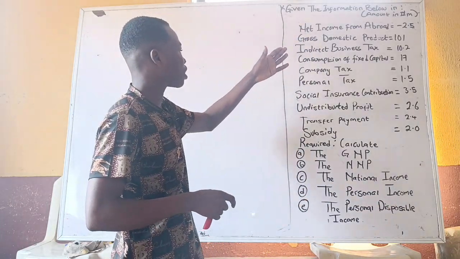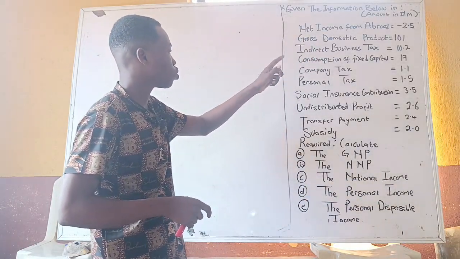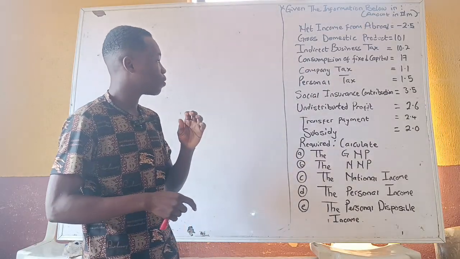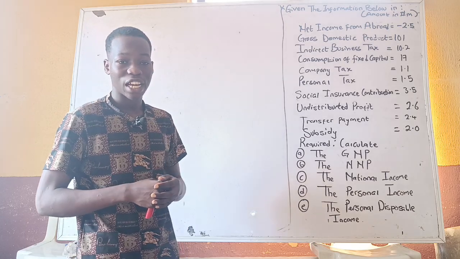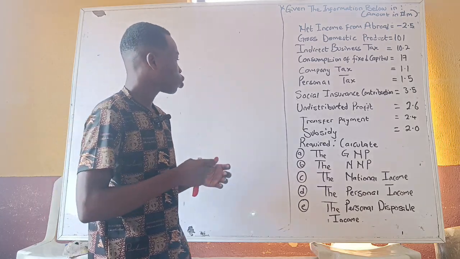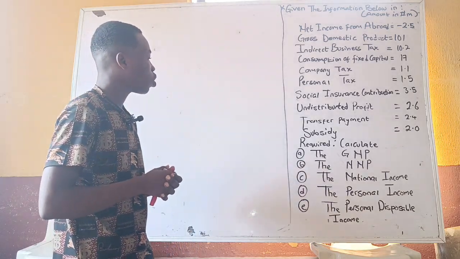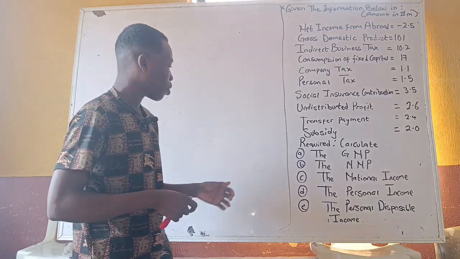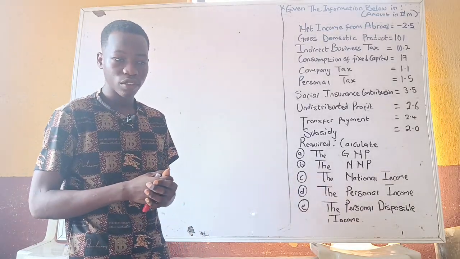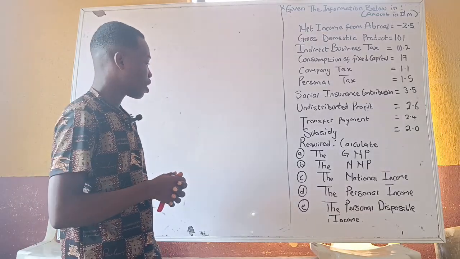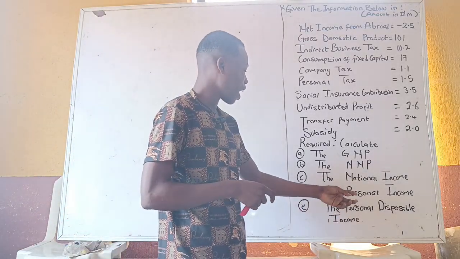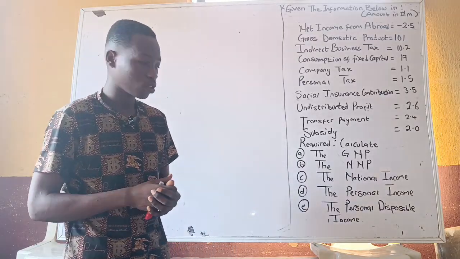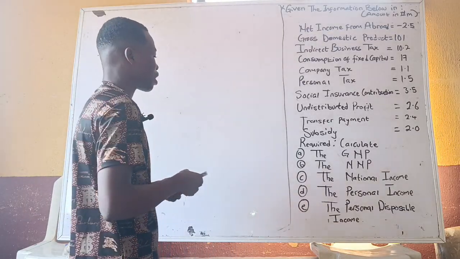And we are given the net income from abroad, gross domestic product, indirect business tax, consumption of fixed capital, company tax, personal tax, social insurance contribution, undistributed profit, transfer payment, subsidy. Now we are required to calculate the GNP, NNP, NI which is the national income, PI personal income, PDI which is the personal disposable income. Let's start with the first one.